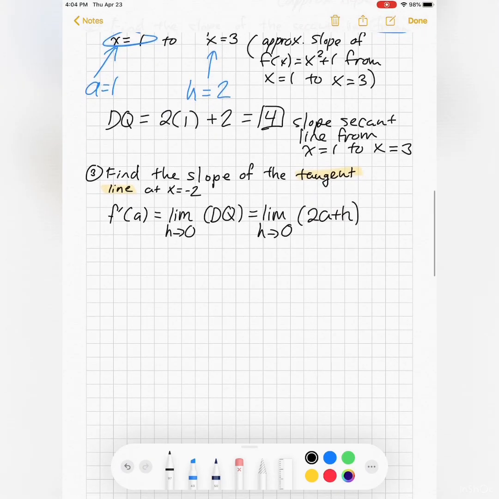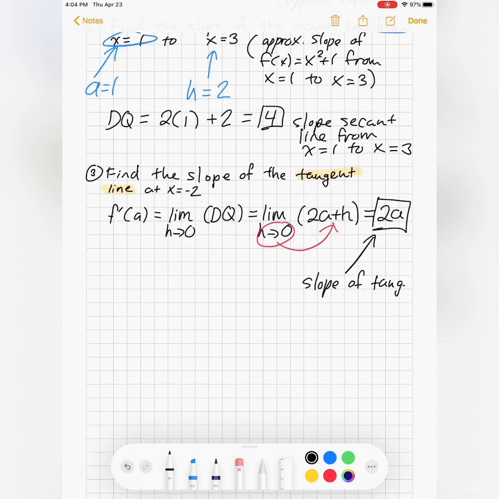This is a very easy limit to evaluate. If I plug 0 in, don't I just get 2a? So what is this? This is the slope of the tangent line at x equals a, or the instantaneous slope of the function itself.